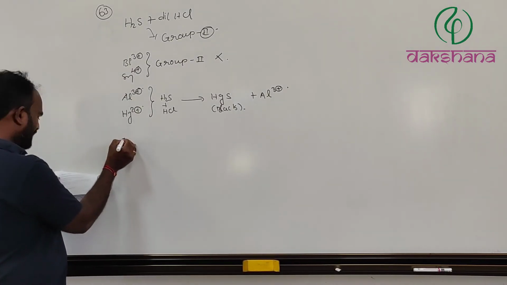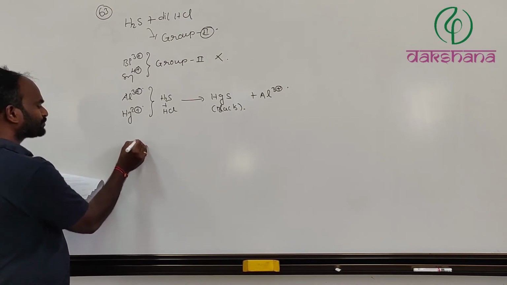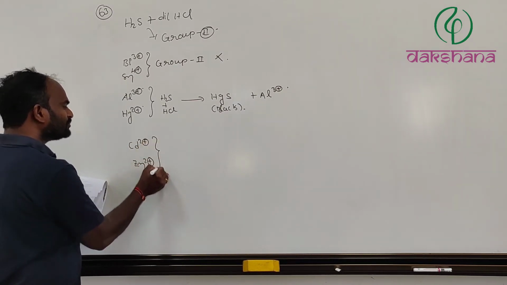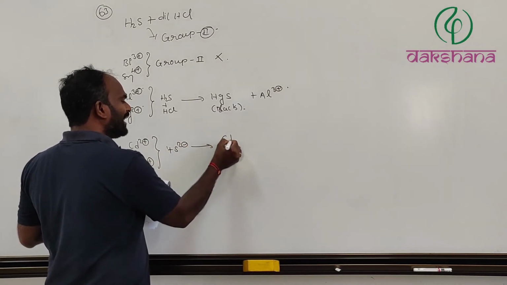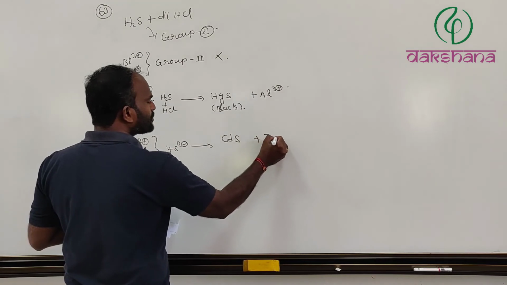Next, Zn2+ and Cd2+. Cd2+ and Zn2+ with S2-, cadmium sulfide it can give, whereas the zinc will be present in that solution.